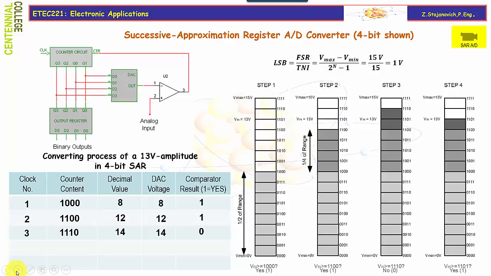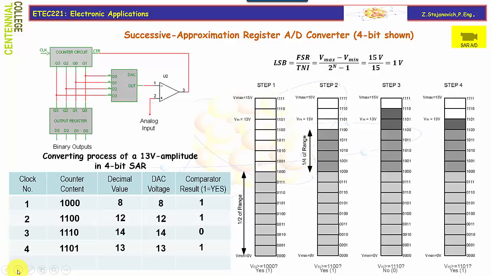That would be the reason that in the last step, which is the fourth step, or fourth clock of the operation, the control circuit sets the current bit back to 0, 1100, and then increases the lower bit position, which happens to be the least significant bit, from 0 to 1.